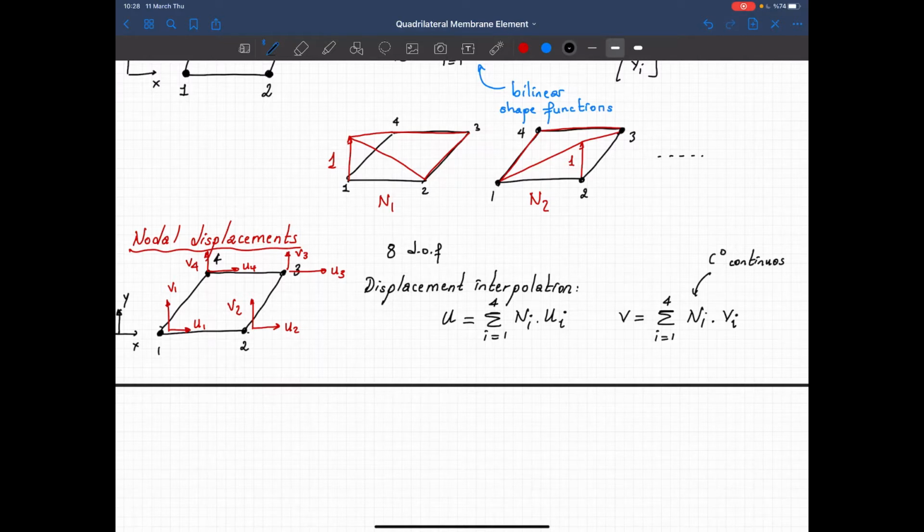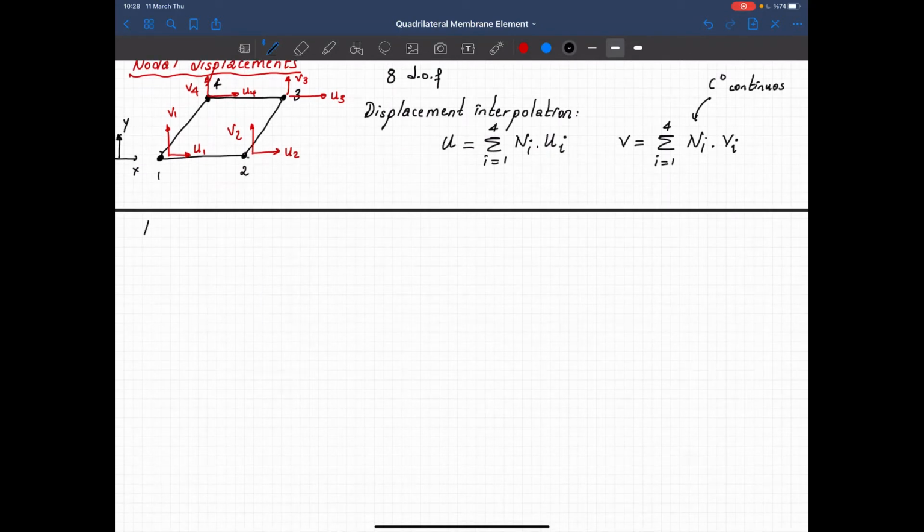So let's show the displacement interpolation in matrix form.